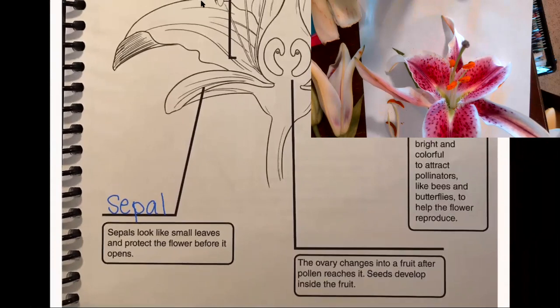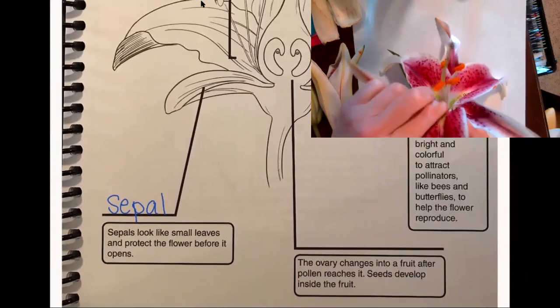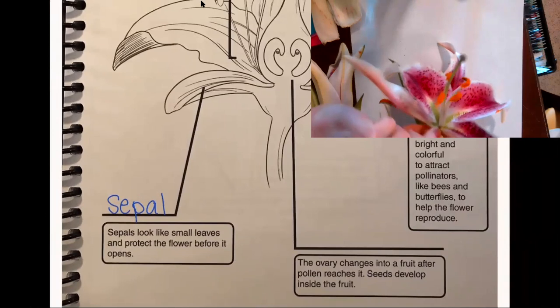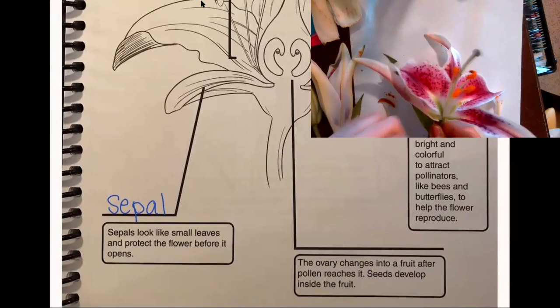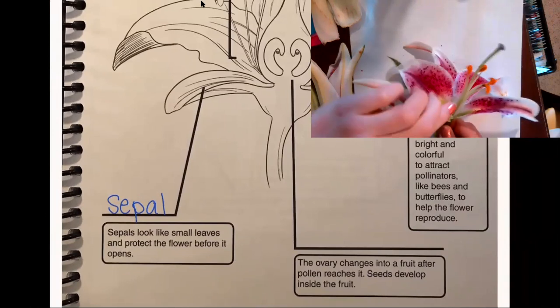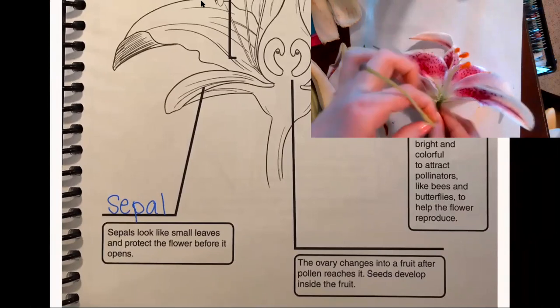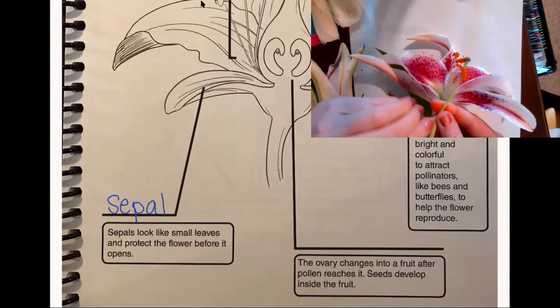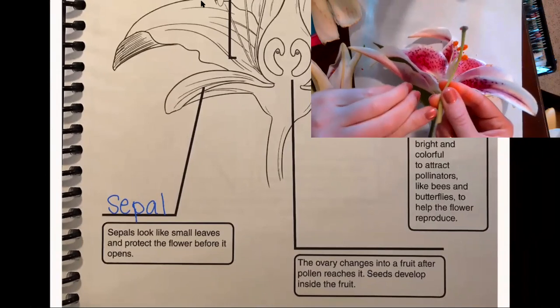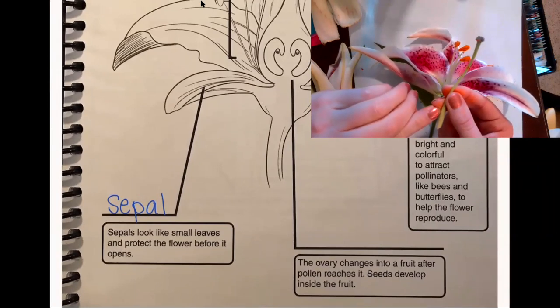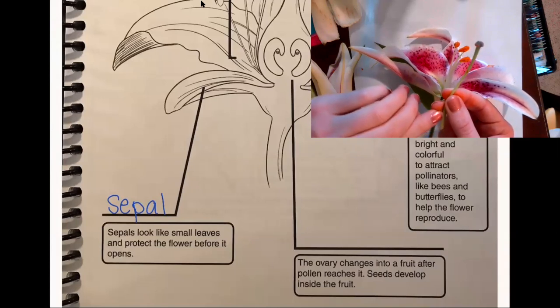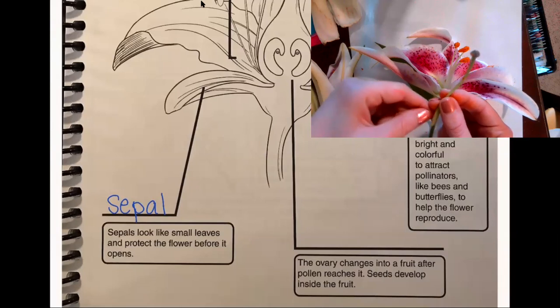All right, so then looking at the inside of the flower, down here, inside here is what's called the ovary, okay? And that's where it changes into a fruit after the pollen reaches it, right? So the seeds develop inside here.